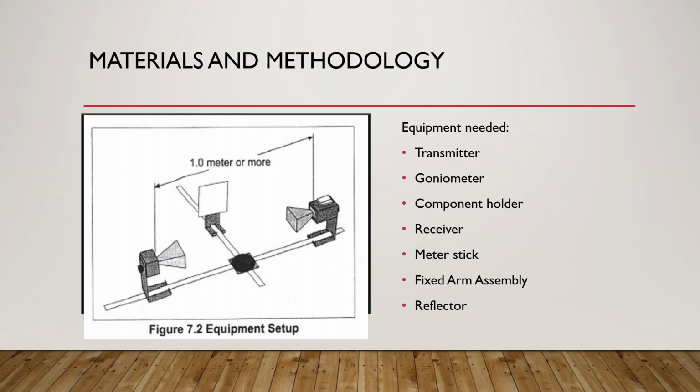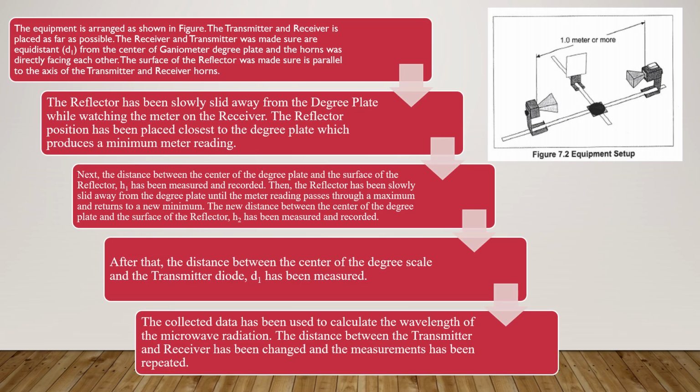The equipment needed for this experiment is a transmitter, goniometer, track, component holder, receiver, meter stick, fixed arm assembly, and a reflector. The equipment is also arranged as shown in the figure.